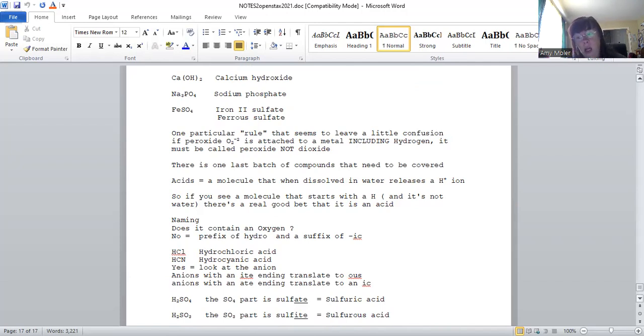Hydrogen is in that column. It is at the top of the alkali metals column. So H2O2 is a valid compound, hydrogen peroxide.